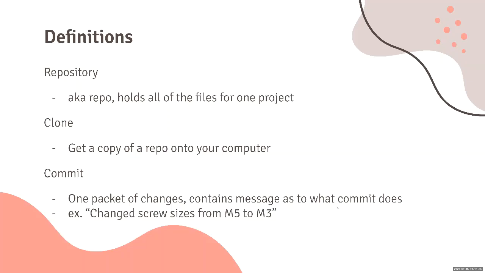Next, we have a commit. A commit is one package of changes. So when you do something, let's say you're modeling the flow of something, and you have your MATLAB script, and you add a new graph to that MATLAB script.